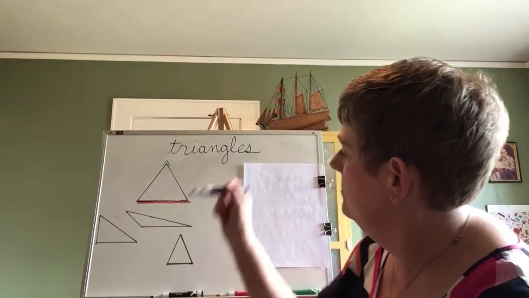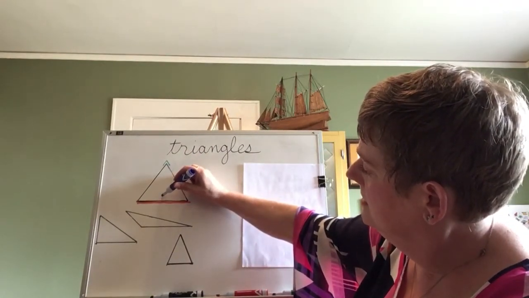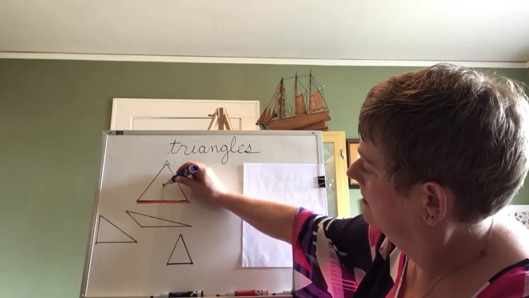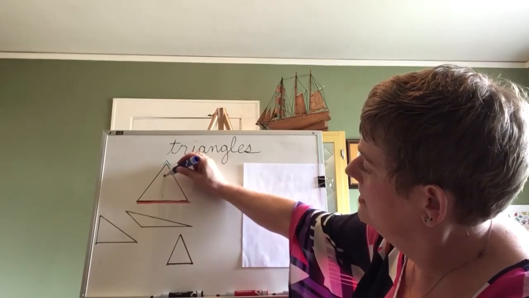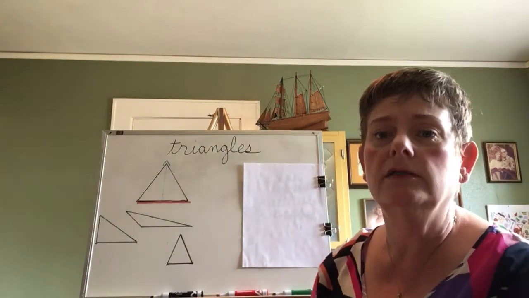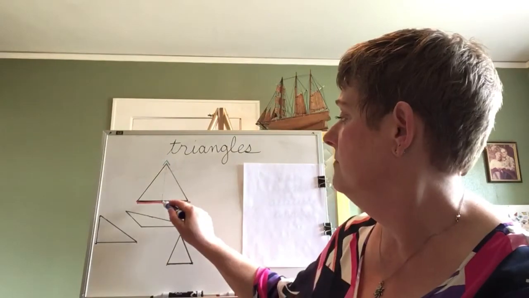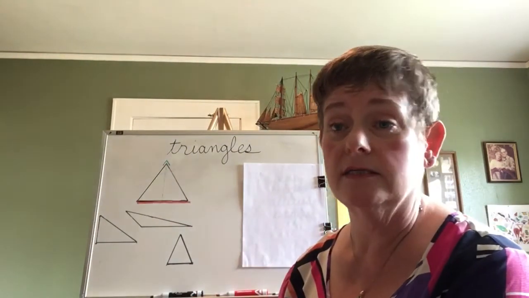And you could show the altitude. I would show the altitude with a dotted line because you don't see it with your eyes. You just know it's there. The altitude is the imaginary line that extends from the base to the vertex.